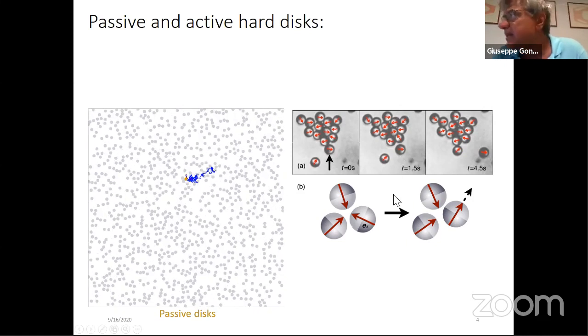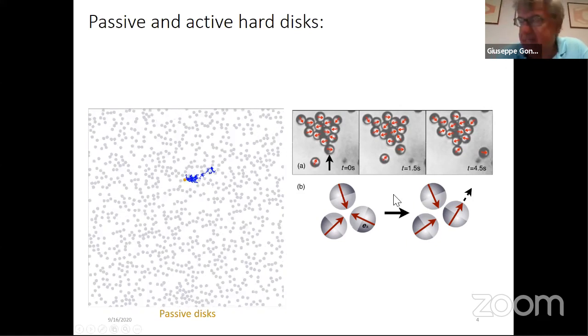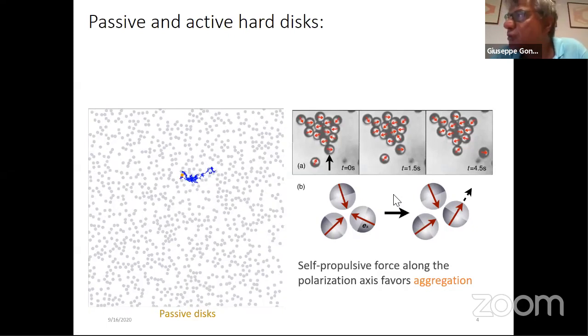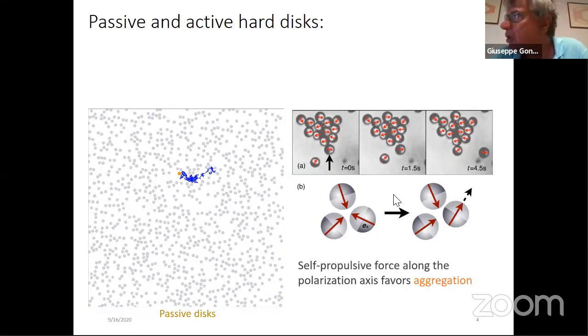On the right, I took this picture from an experimental paper by a German group, and these are self-propelled colloids.